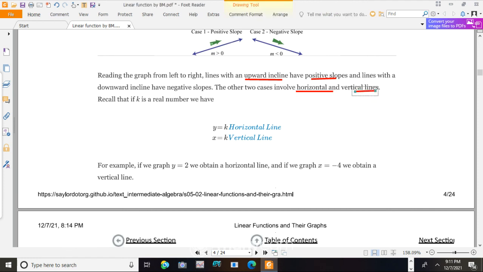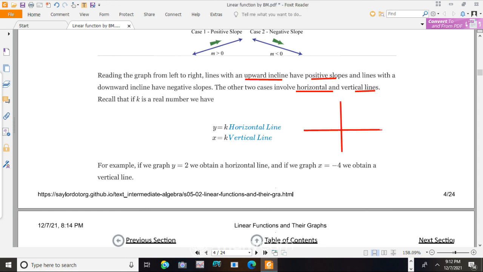We have two cases, when m is greater than 0 and m is less than 0. The other is the horizontal line: y is equal to k is a horizontal line.